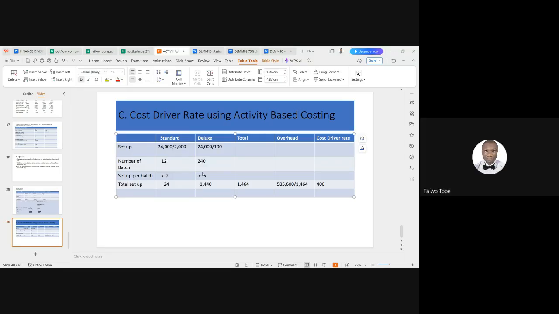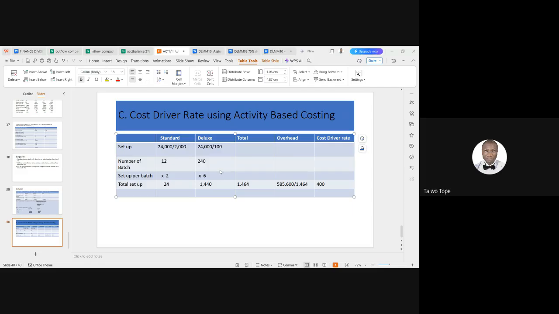The overhead absorption rate is used in the traditional approach. Instead of allocating the total overhead based on each activity, we use labor rate directly to spread the overhead. So overhead absorption rate is used for the traditional or conventional approach. Now, this cost driver rate is used under activity-based costing.